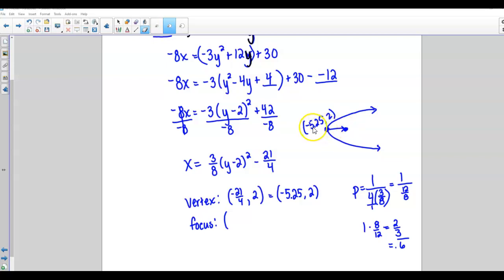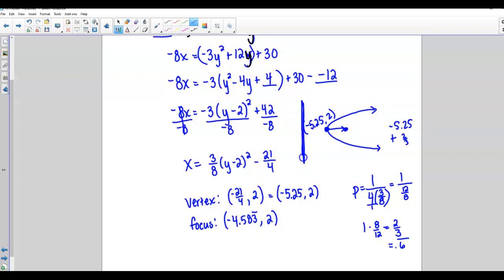So my x-coordinate is negative 5.25, so I'm going to be doing negative 5.25 plus the 2/3, and so negative 5.25 plus my 2/3 is going to give me negative 4.583 repeating for my x-coordinate. How about 2 for my y-coordinate?